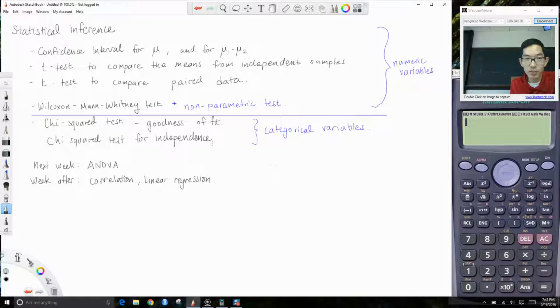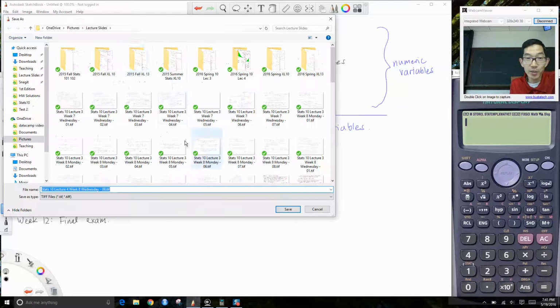So today's week 8, I guess. Next week will be the 9th week, then the 10th week. Week 11 will be review, and then week 12 will be the final exam. And that will be the end of the course.